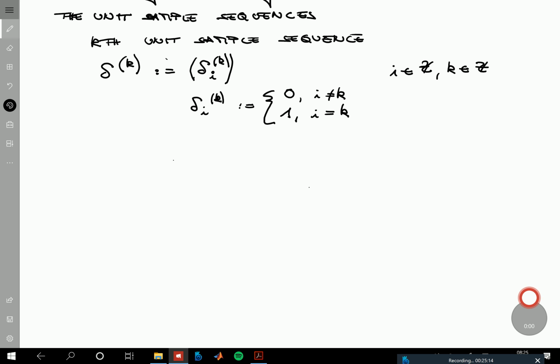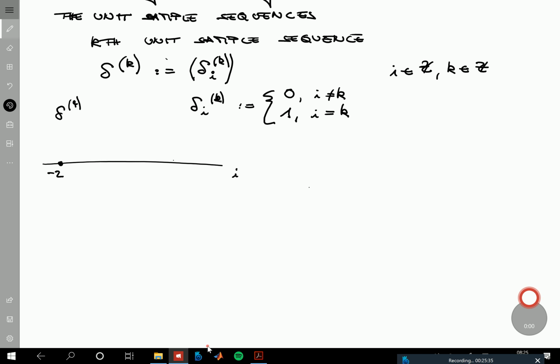So for a concrete example, let's look at delta 4, so the 4th unit sample sequence. If we plot the entries, we start with, let's say, -2, so that's our i.